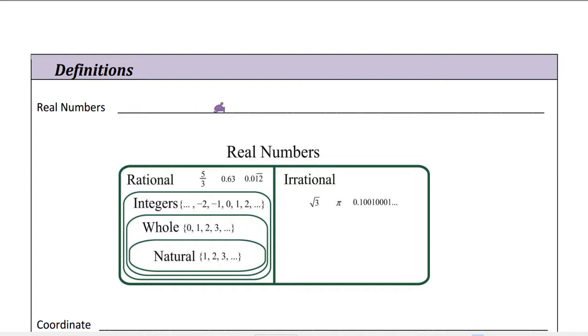So if you think of a line, it's this continuous thing, and we can represent an infinite number of points on here, and we just call those real numbers.